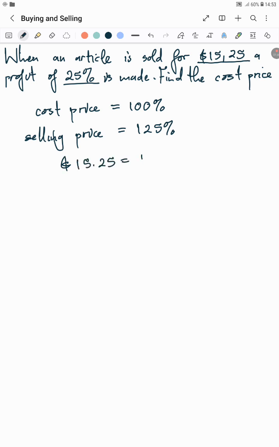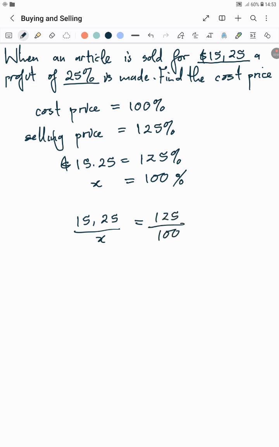So in other words, we can say if $15.25 is equal to 125%, X is equal to 100%. So we can change it into an equation so that you have 15.25 over X is equal to 125 over 100, and you can say 25 into this, you get 4, 25 into this, you get 5.